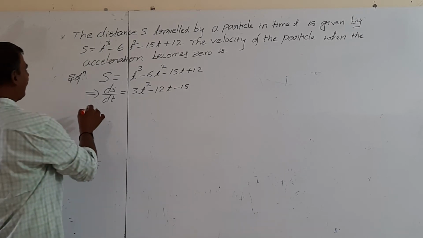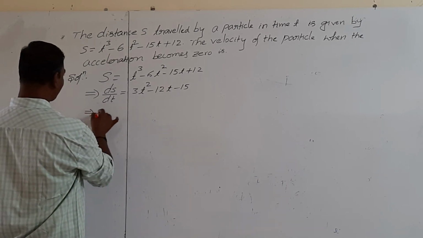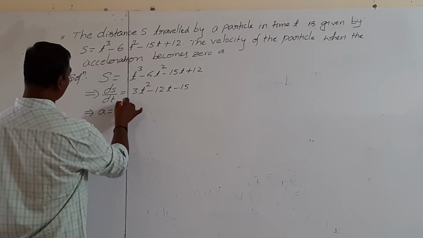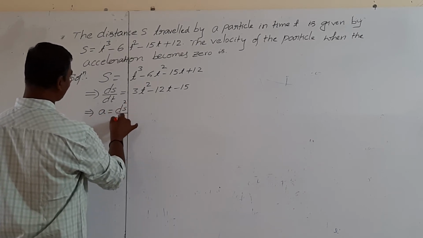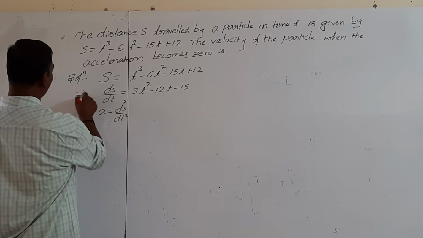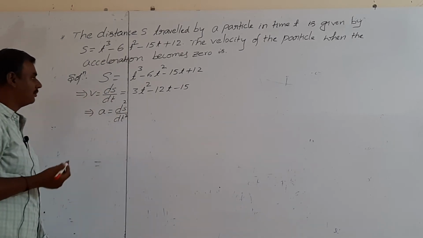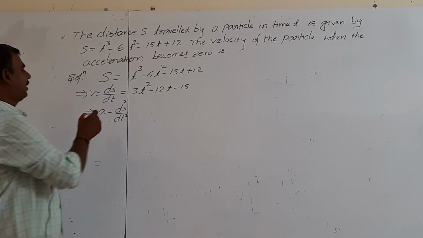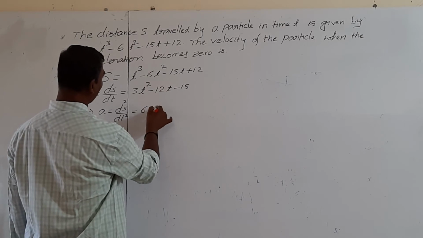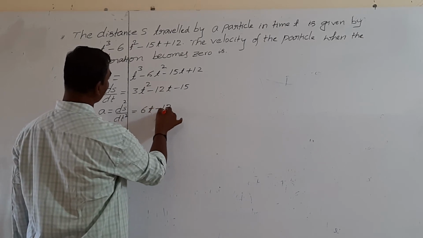Now to find the acceleration, differentiate again. Acceleration is equal to the second differentiation d2s by dt square. This is the velocity formula ds by dt. Apply the second differentiation, it becomes 6t minus 12 with respect to time.